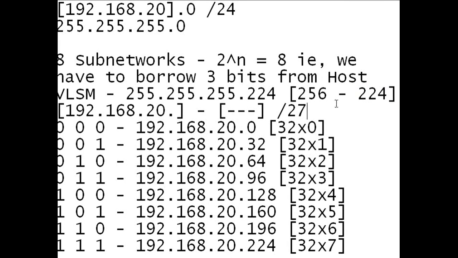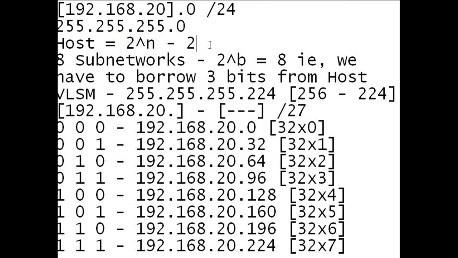If I am borrowing 3 bits, the formula for the number of hosts is 2 to the power n minus 2. Why minus 2? So let's create, this n is different, so I am writing b for borrowed bits, and 2 to the power n minus 2. So 2 to the power n in this case will be 32.